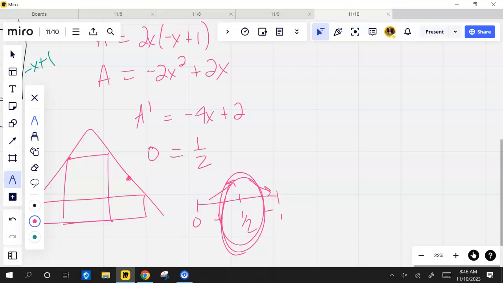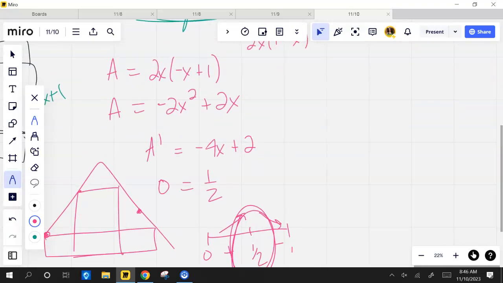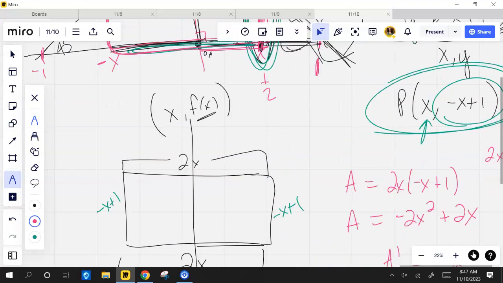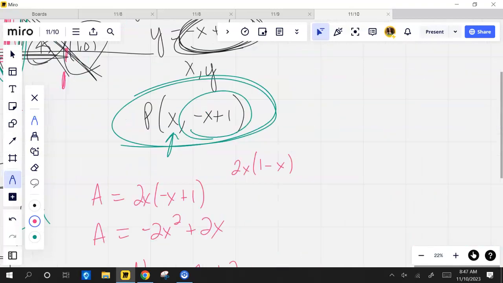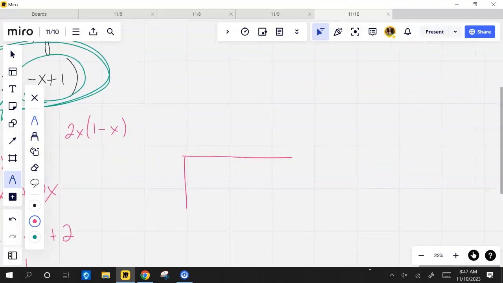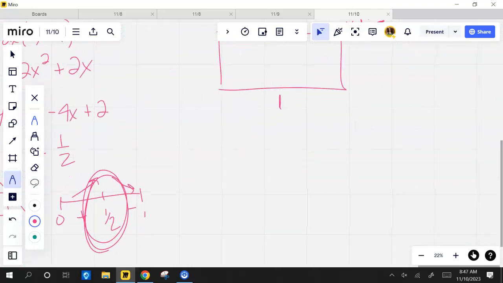All right, look, x is 1/2. That means the dimensions of my rectangle are 1/2, 1/2. So all the way across the bottom, what's my rectangle? 1. But now I need to know the height. This is my negative x plus 1, right? So what is that y coordinate there? If my x is 1/2, what is y?